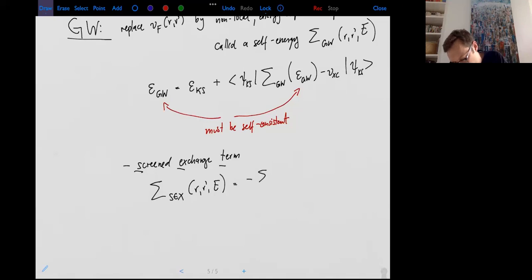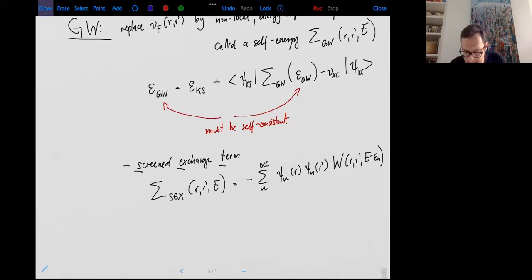So again, we're summing over all the occupied states, like in Hartree-Fock, but now instead of the bare Coulomb interaction 1 over r minus r prime, we use this screened energy dependent interaction W, right?